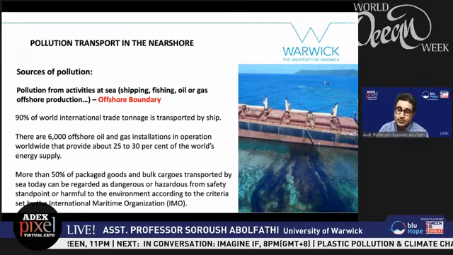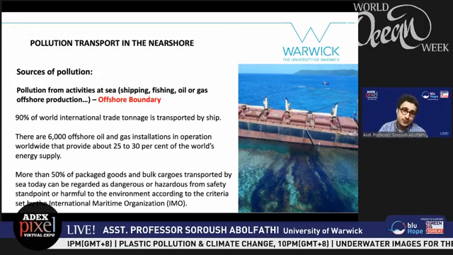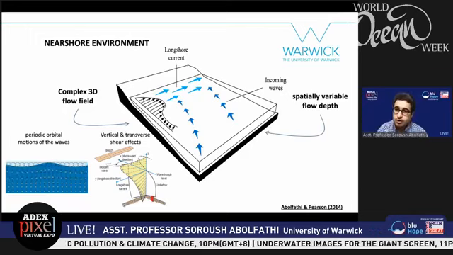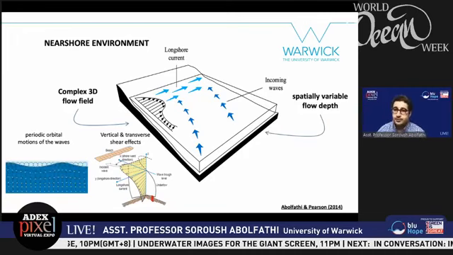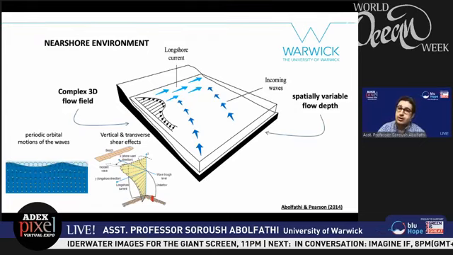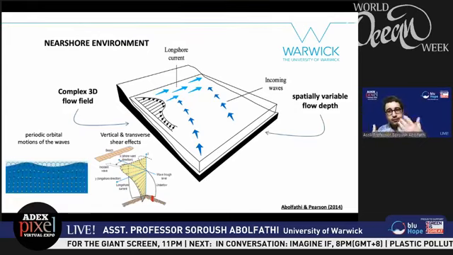So next I'm going to talk about what type of environment we're dealing with when we talk about the marine coastal environment and want to model it. In the coastal environment, what we call the nearshore environment, you have a very complicated flow field. You have a combination of what we call cross-shore and long-shore currents, and waves, mixing together and driving the pollution.